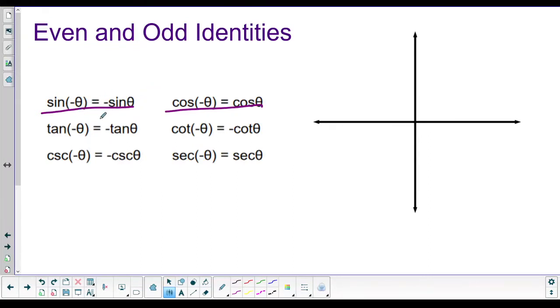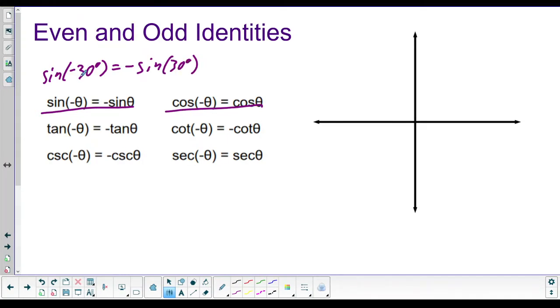I find it hard to think about things that are generally true or just true for everything. So let's make up a nice example. Let's plug in some numbers to this variable. So let's look at sine of negative 30 degrees equals negative sine of 30 degrees.